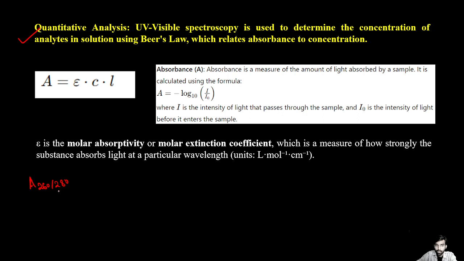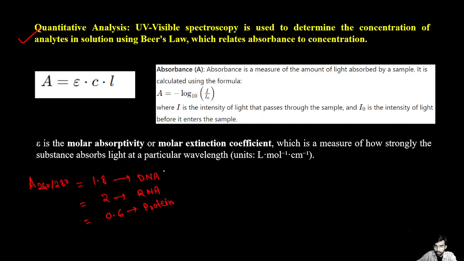Protein molecules generally absorb at 280 nanometer, and nucleic acids generally absorb at 260 nanometer. So if A260 by 280 is 1.8, that indicates it's DNA. If it's 2, it indicates it's RNA, right? If it's around 0.6, it indicates it's protein.